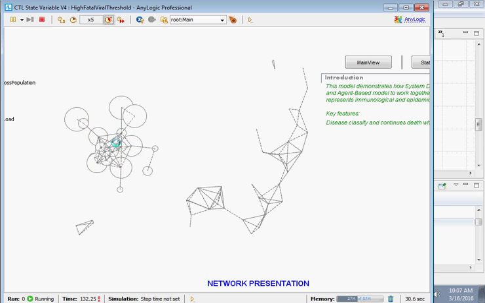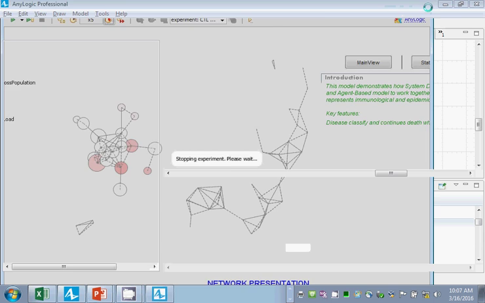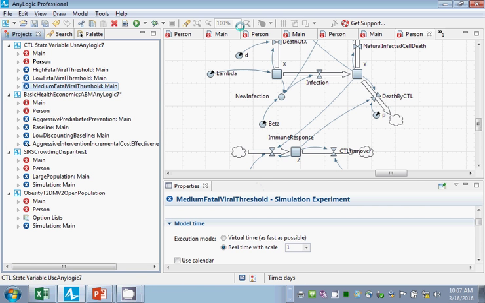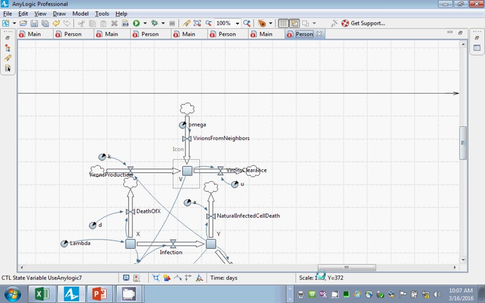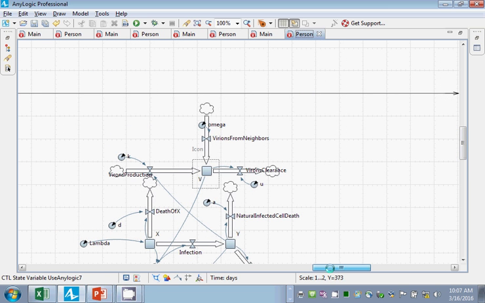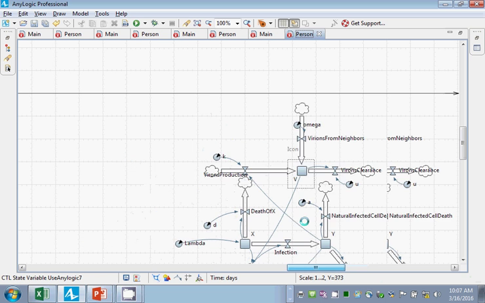You can characterize that. How do we do that? Well, this is a hybrid model, ladies and gentlemen. Here we have persons, and within persons we have stocks and flows. Importantly, this is a key point, this characterizes their continuous dynamics with respect to these essentially continuous quantities: free viral load, free virions, level of immune activation, and number of infected cells.